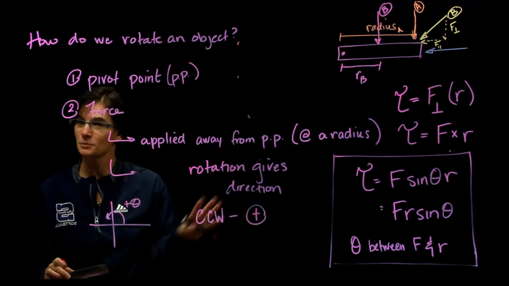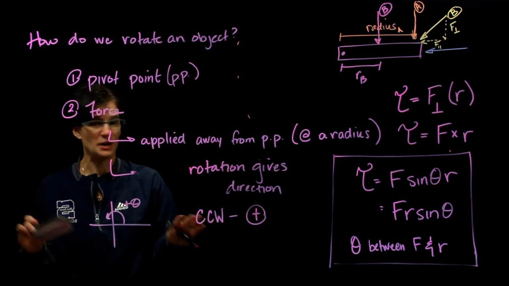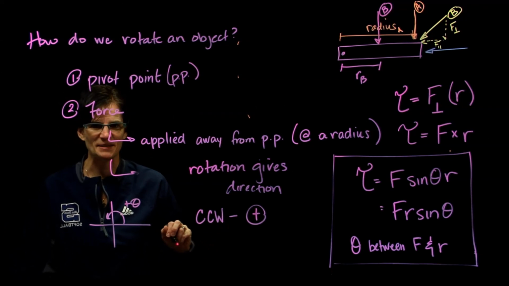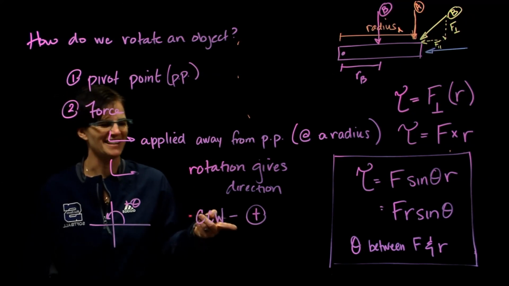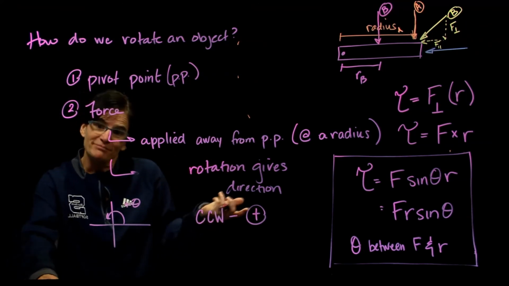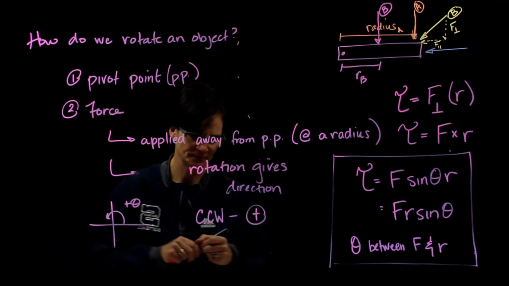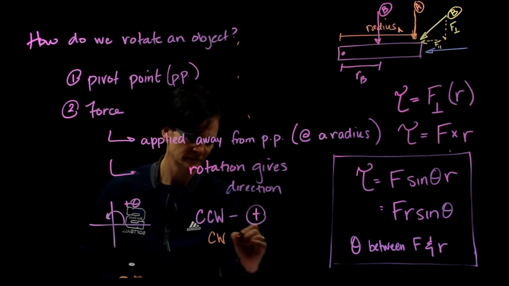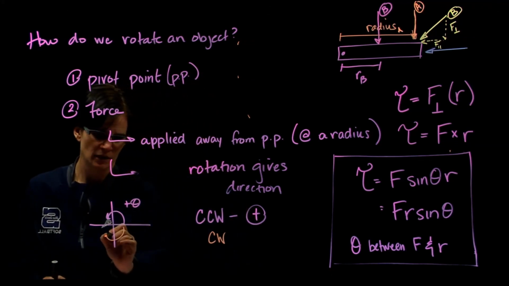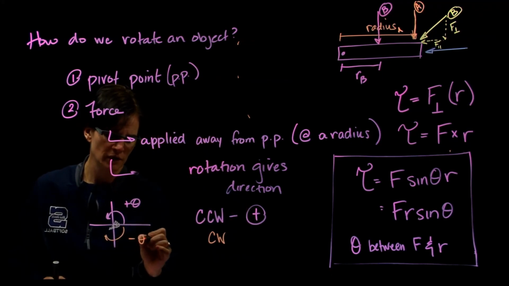We're going to do analysis with torque and get into that. We're not going to talk about it right now with the conceptual ideas, but we will exhaust that idea. Likewise, if I go in the opposite direction, clockwise, like a clock, we know those are negative angles.